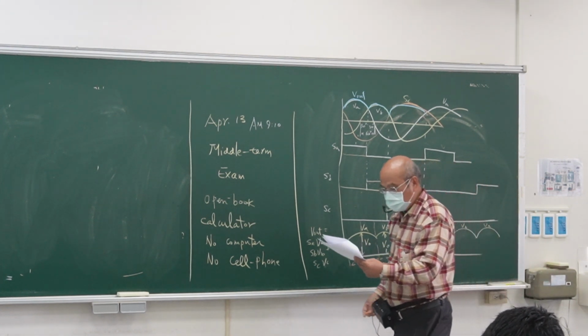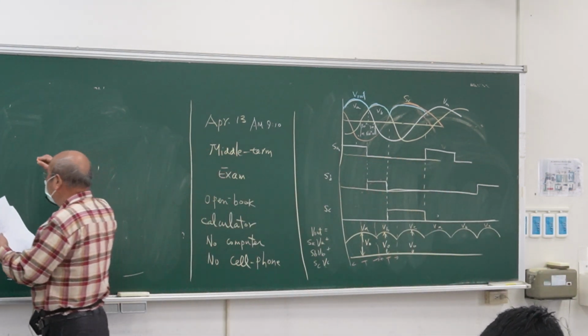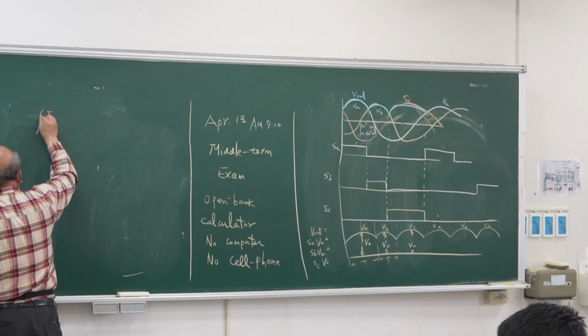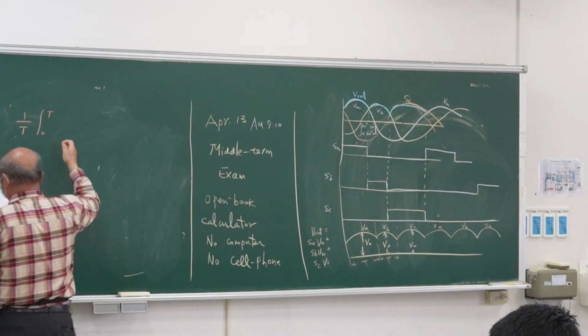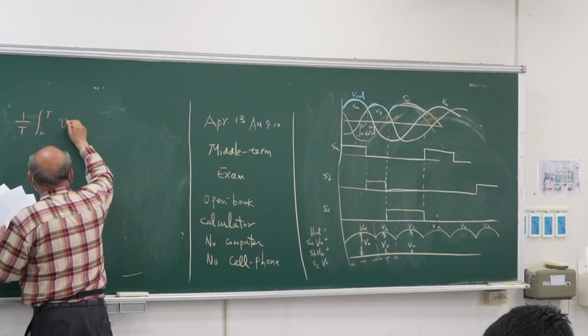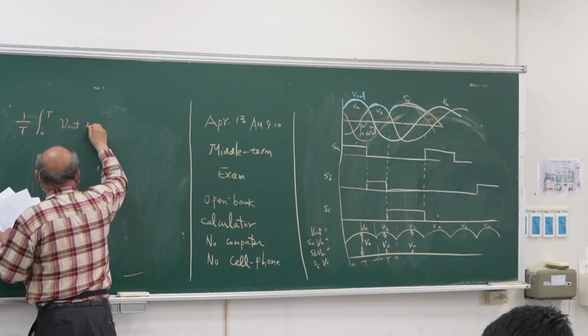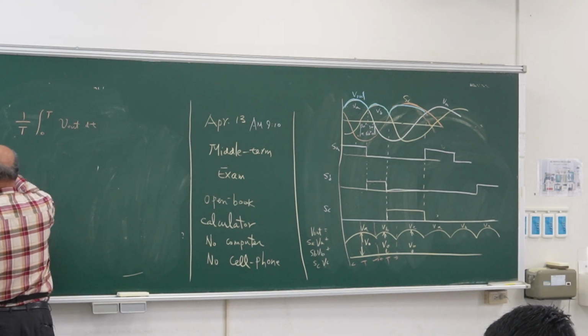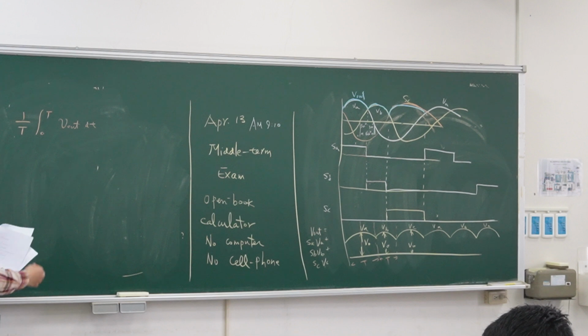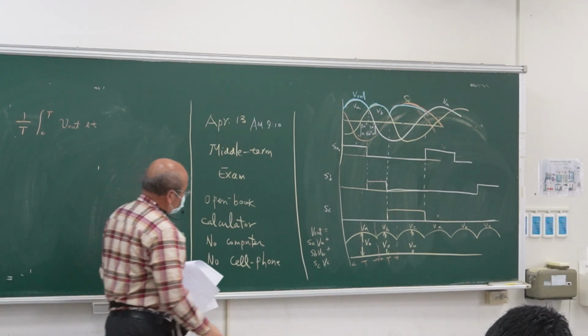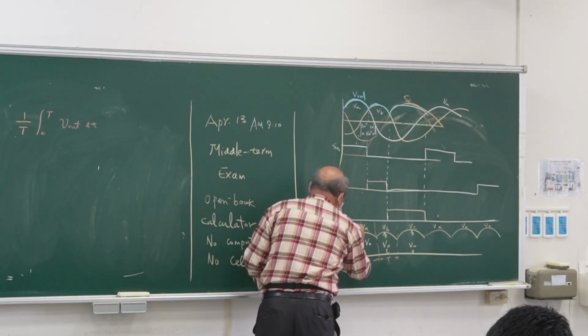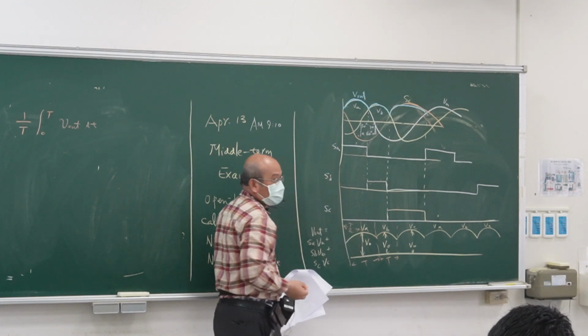Okay, so what can we do? We have to calculate one period. But one period is too long. We also can calculate half period from here.